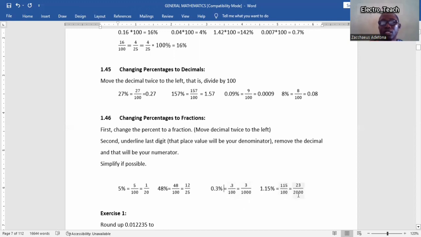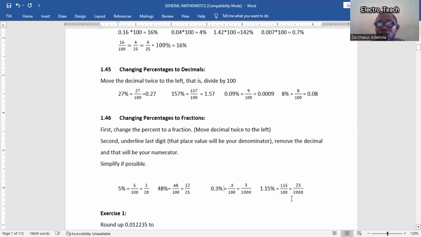The same thing goes for the last example here. Last example, 1.15%, and that is 115 divided by 100. So if you simplify it, you can divide it through and then simplify it further.